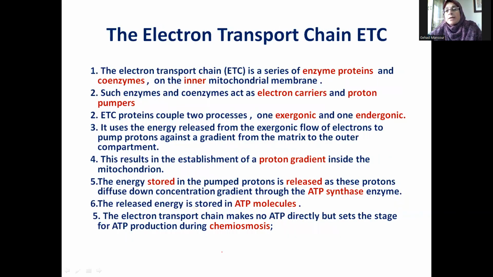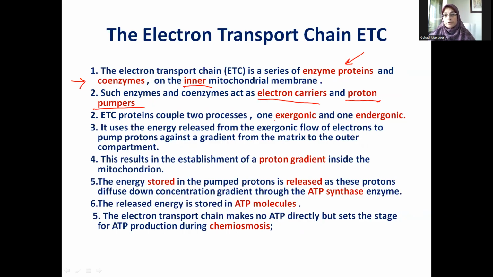Now, let's read the slides in order to see whether we missed anything on the electron transport chain. So again, the electron transport chain is a series of enzyme proteins as well as coenzymes. It's present on the inner mitochondrial membrane. They are electron carriers and they are proton pumpers.